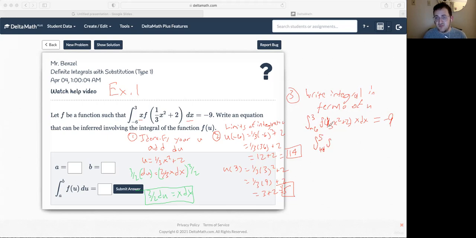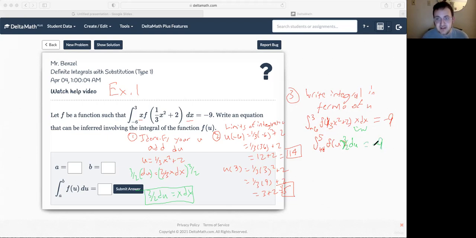And instead of this 1/3 x squared plus 2, I'm just going to call this u. And then this x dx, I'm going back into green for this part because it deals with the du, I'm going to say that is du. 3/2 du, to be exact, is equal to -9.